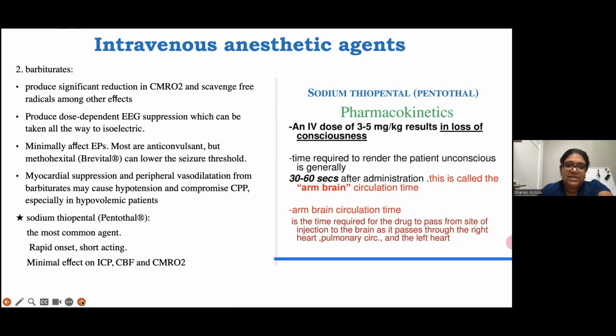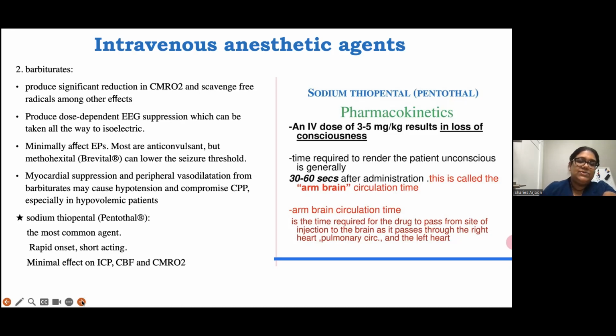Most are anticonvulsant, but methohexital can lower seizure threshold. Myocardial suppression and peripheral vasodilation from barbiturates may cause hypotension and compromise the cerebral perfusion pressure, especially in hypovolemic patients.